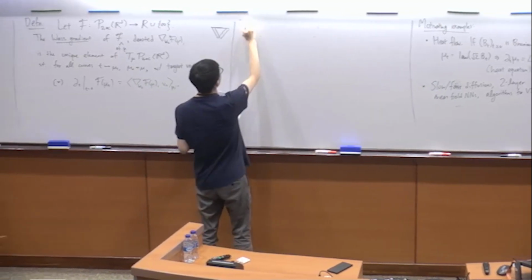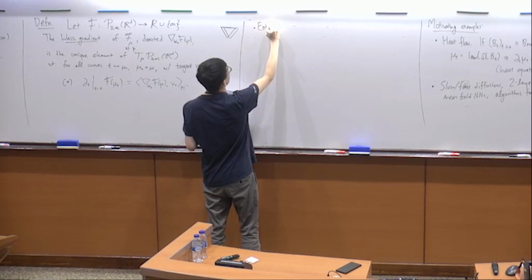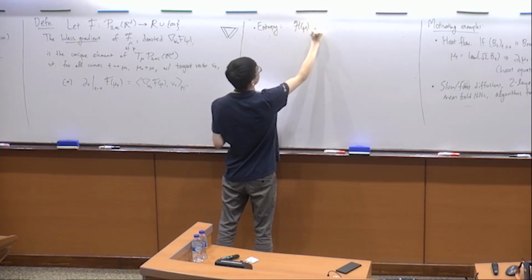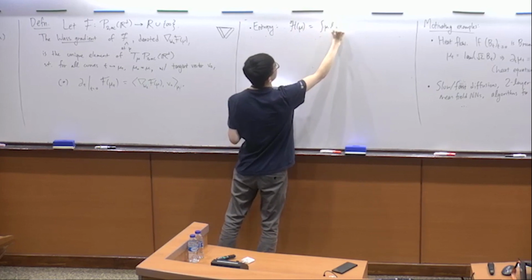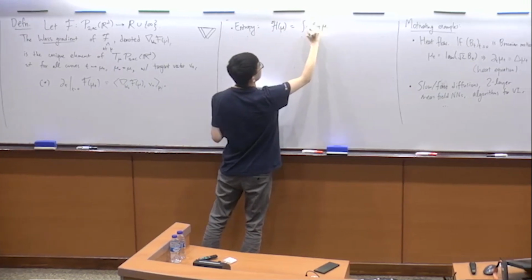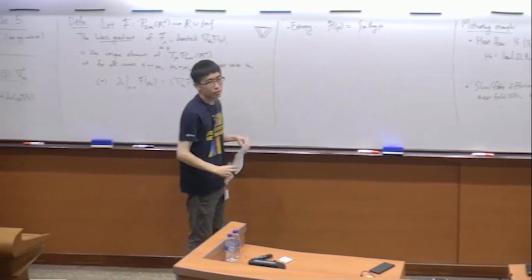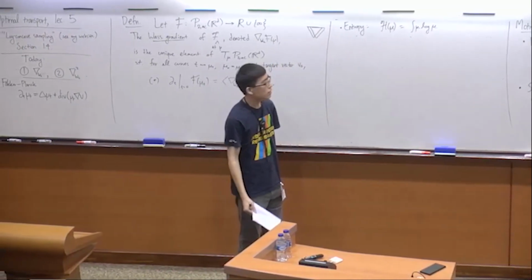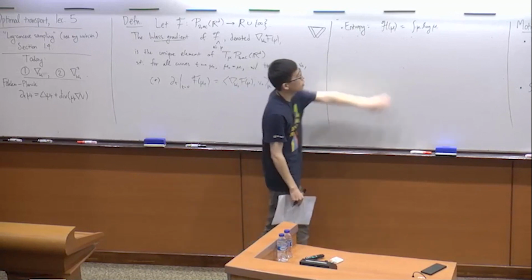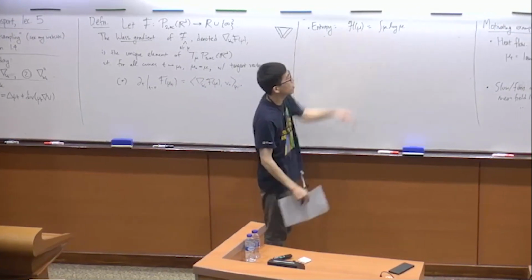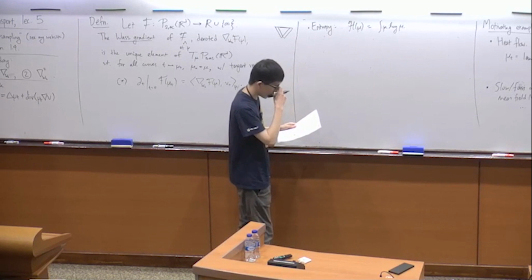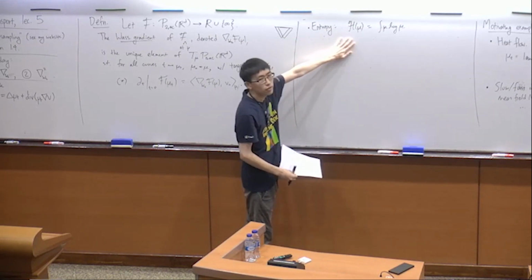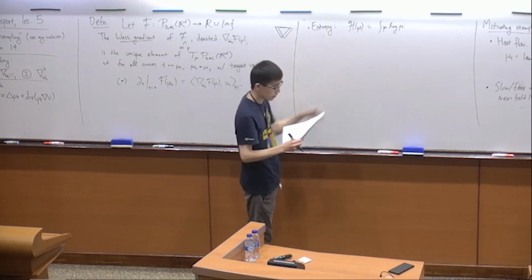The entropy functional, H, takes in a measure mu and gives me the integral of mu log mu. Information theorists hate me because this is the negative of the Shannon entropy, but this is the convention we'll use in optimal transport because this is what makes it a convex functional. We'll see that later. For now, what we want to do is compute the Wasserstein gradient of this differential entropy.